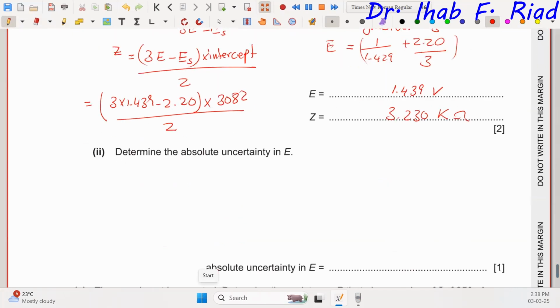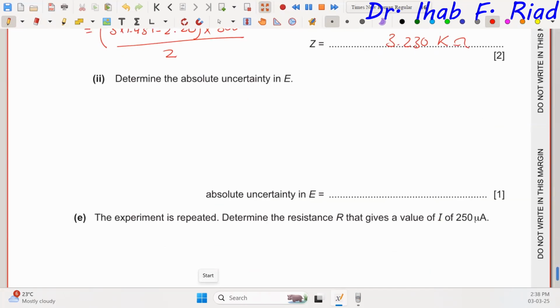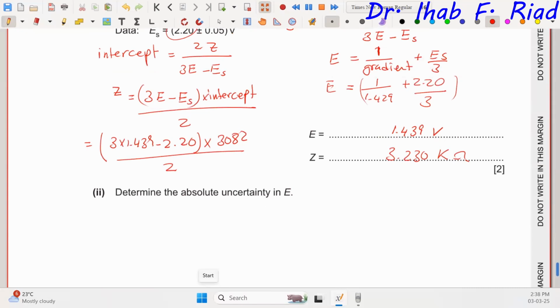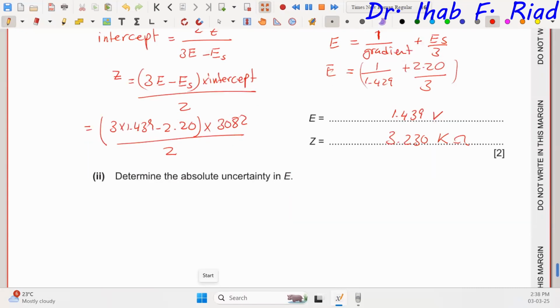Determine the absolute uncertainty in E. So we need E, right? Yes. So what is E? E is equal to 1 over gradient plus ES over 3, right? Yes.